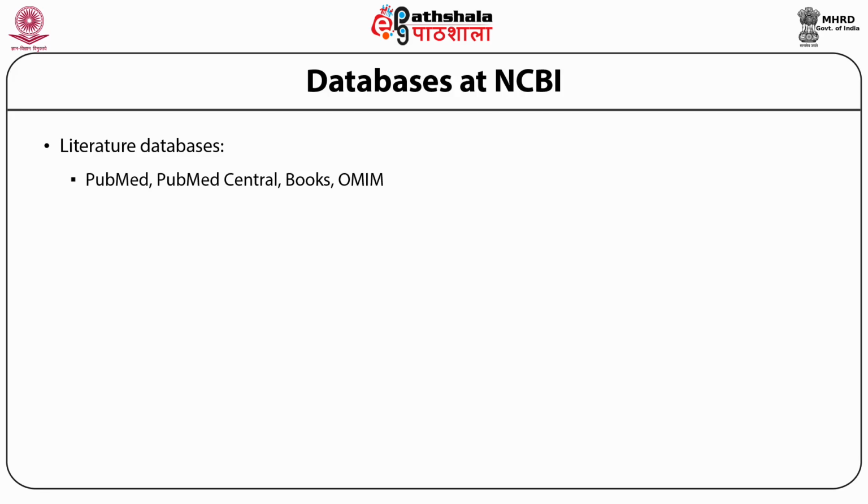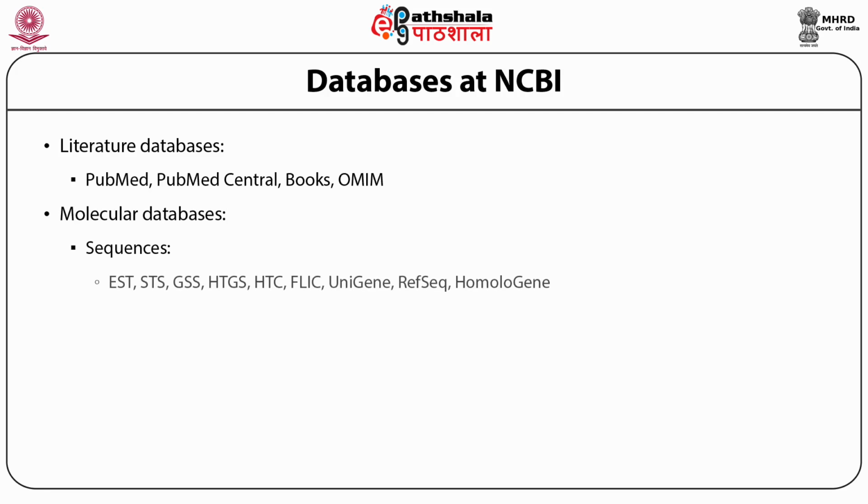And the books: you can find the database of books where you can download the books of your requirement. And OMIM contains the information about certain genes and their association with disease. So if you want to know any correlation of any gene with disease, you can go to OMIM. The other is the molecular databases. For example, the sequence databases like EST, STS, GSS, HTGS, the high throughput genome sequencing data, HTC, FLIC, UniGene, RefSeq, HomoloGene.